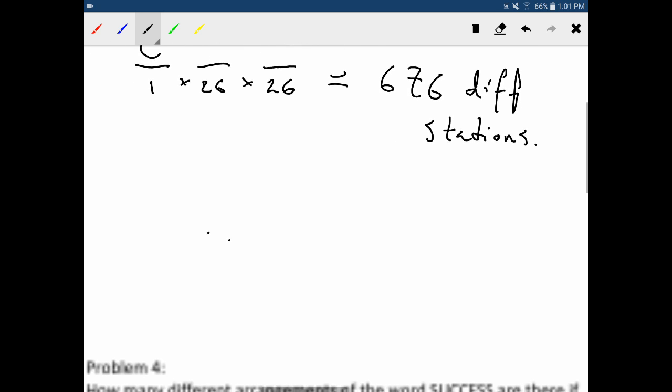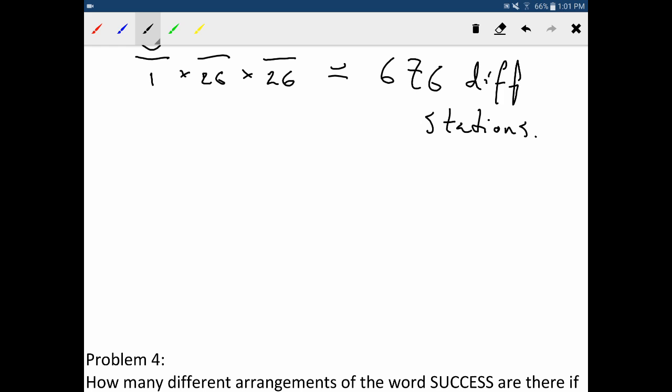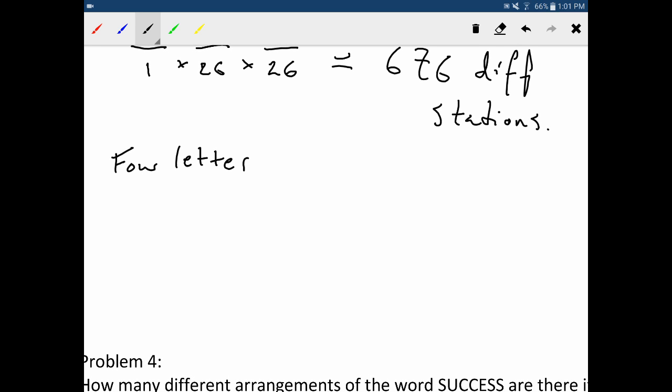Okay, so the next possibility here is that we could use 4 letters. Okay, so if we have 4 letters, 1, 2, 3, 4. Again, that first one has to be a C. We've got 26 options for the second letter, 26 options for the third letter, and then 26 options for the fourth letter.